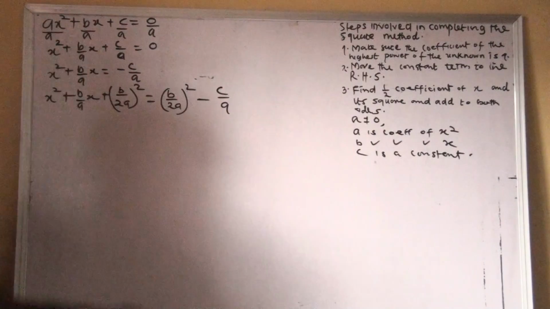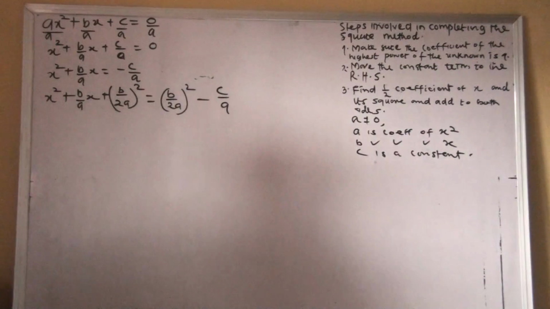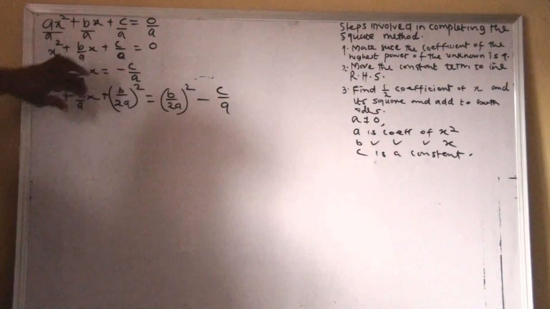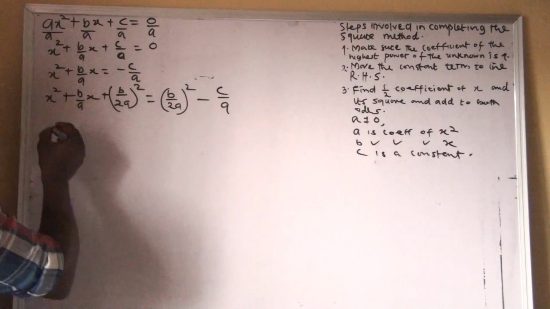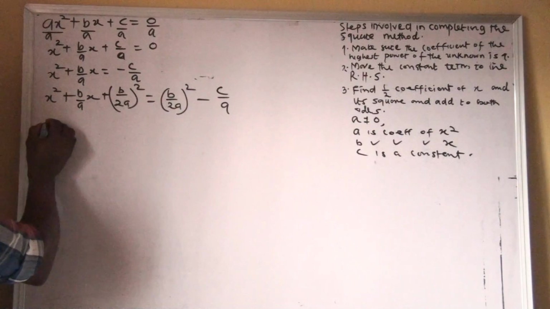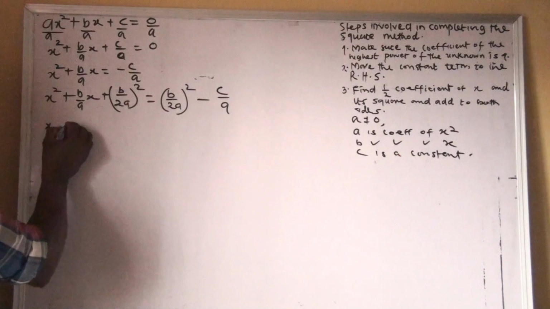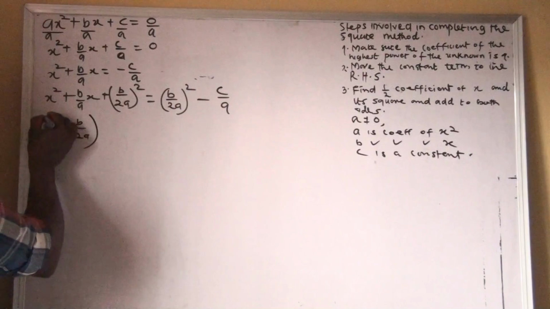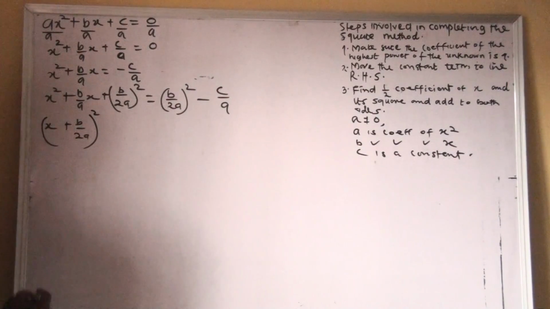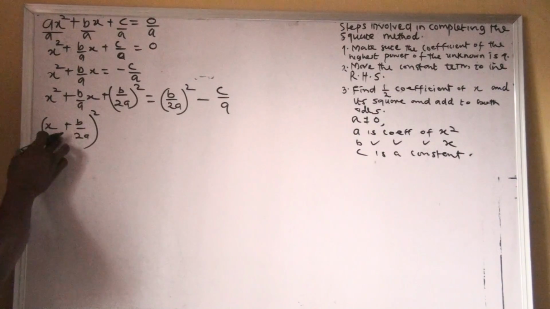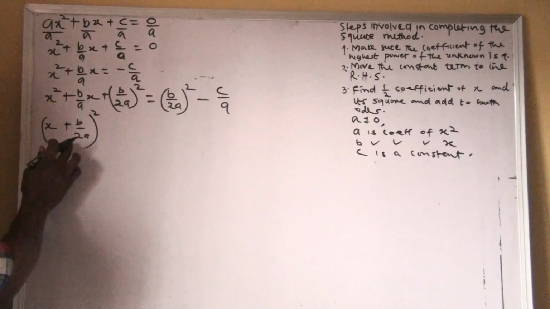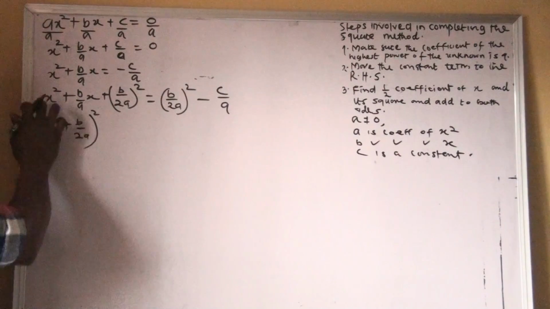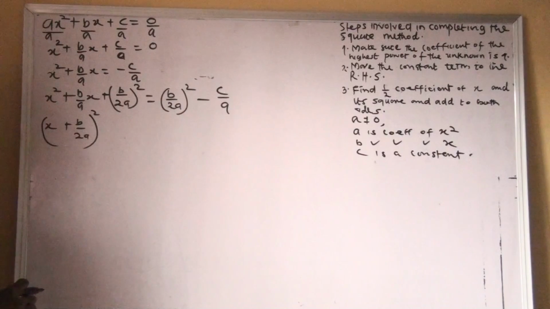So we have added it to both sides. And this expression on the left hand side, we can simply put as x plus b over 2a all raised to power 2. It simply means that if we expand this expression, it is going to give us this. That is the implication here.